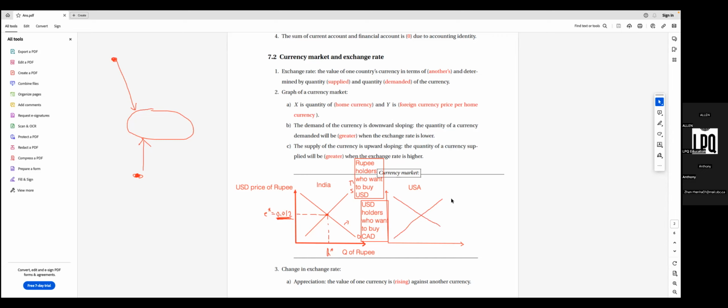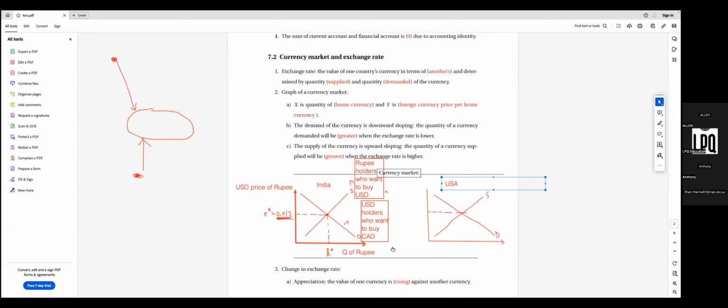This time, on the right hand side in the American market, who has the supply side?